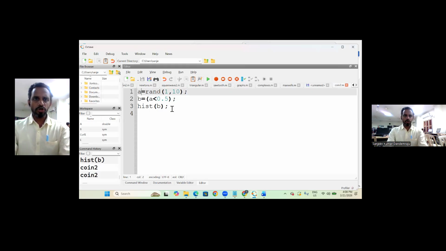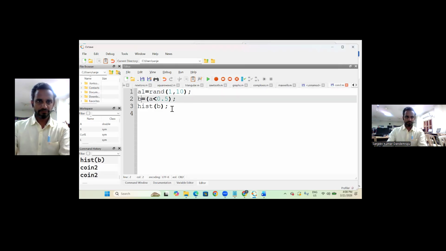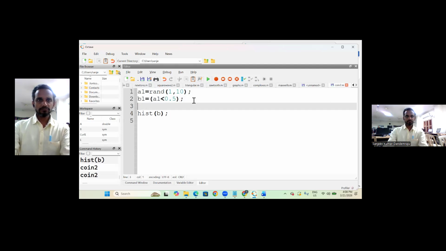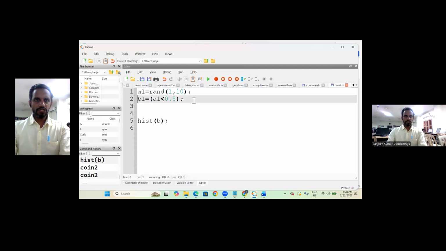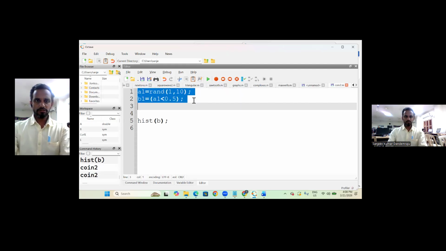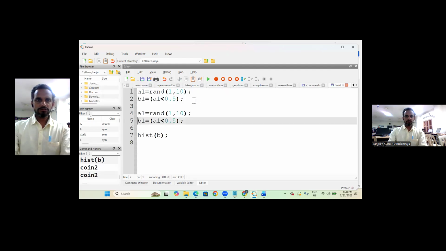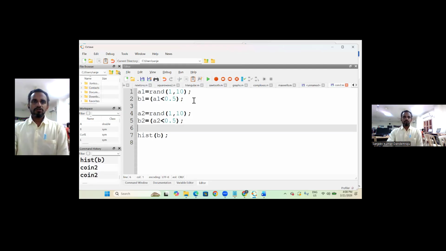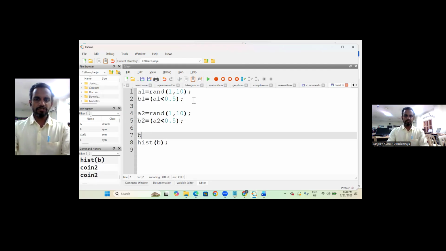When I'm tossing two coins, this is my first coin, and this is my second coin. And finally, B is equal to B1 plus B2.